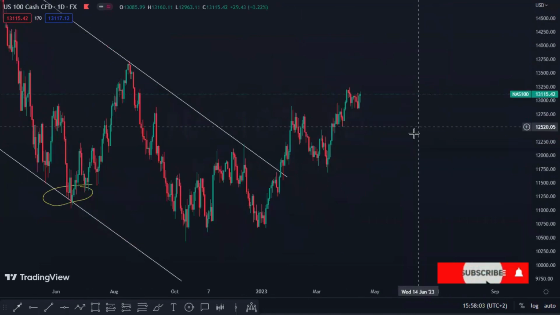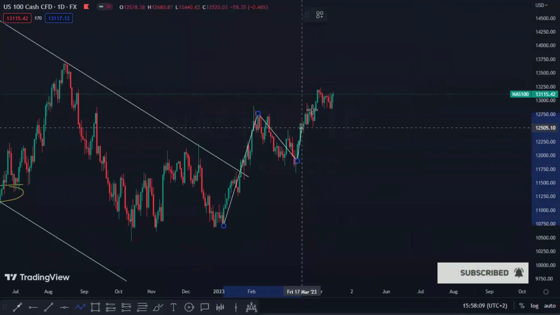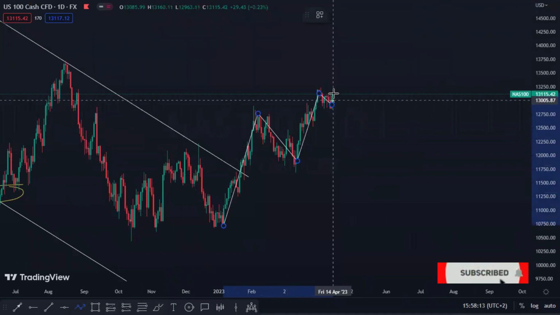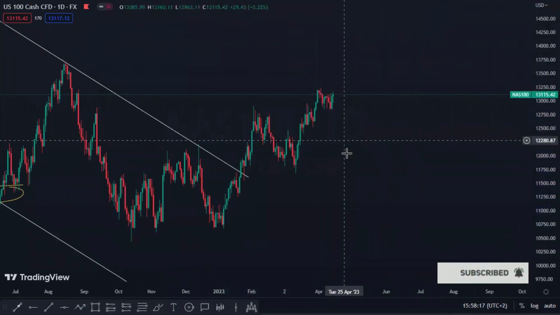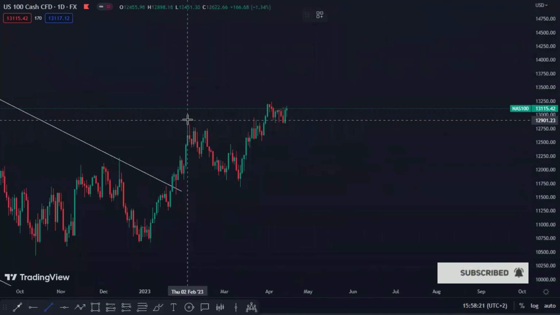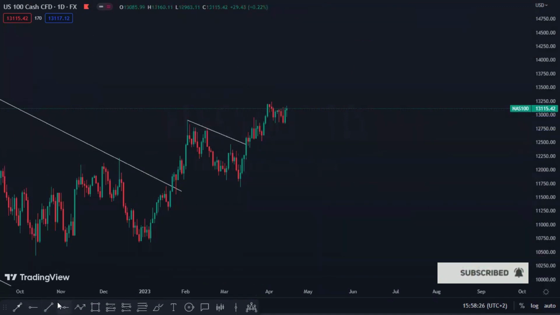On the daily time frame, I can see that price has been moving impulsively to the upside, giving us corrections, and now price is currently inside a correction phase. If I mark out this correction phase, obviously this pattern was completed a long time ago.